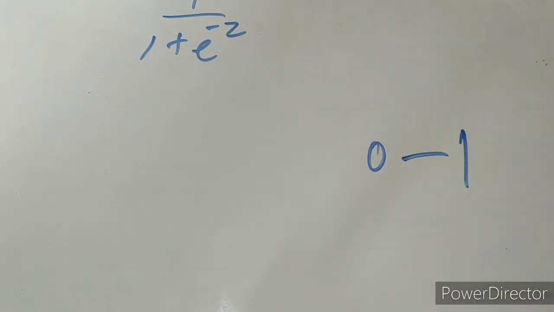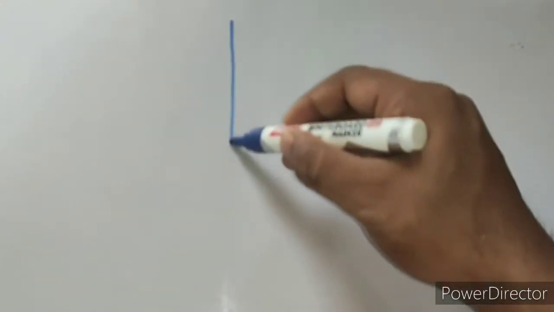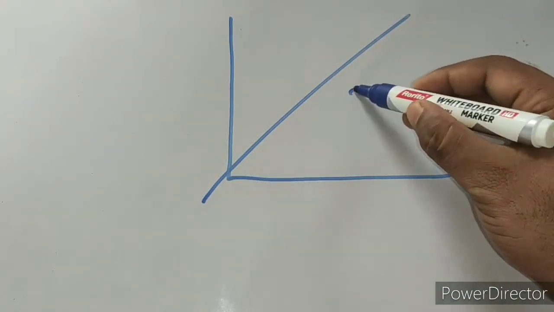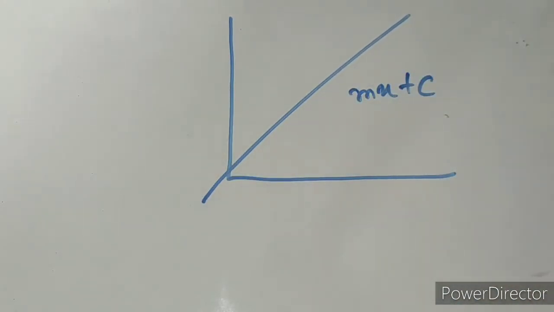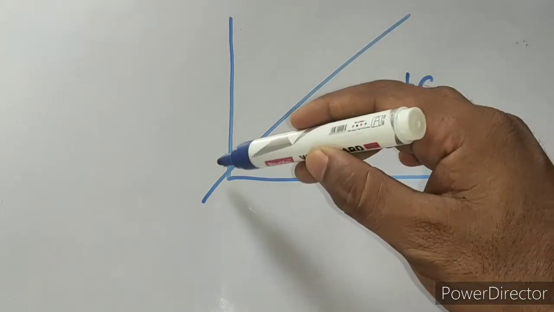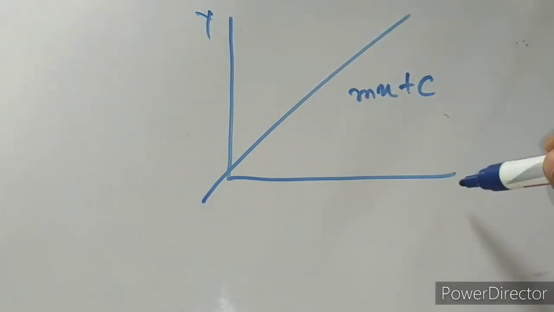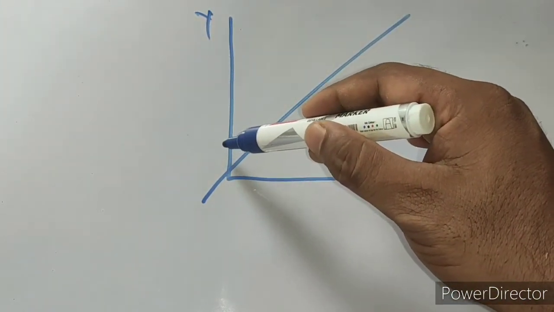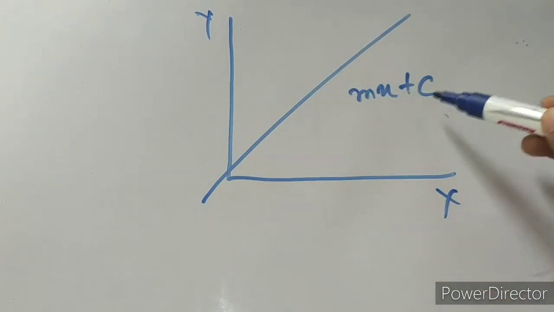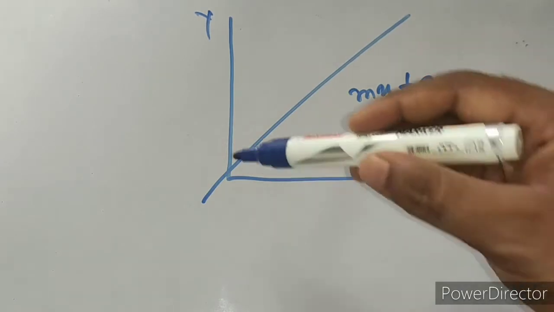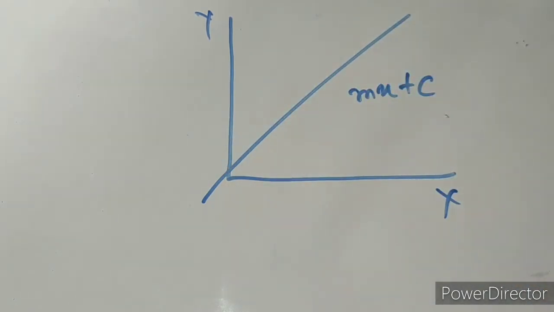So let's understand how that value is calculated. As we know, in linear regression, the linear equation is mx plus c, where m is the slope, x is the x value, and c is the intercept, the y intercept. This is y, this is x. Where the line is touching the y axis, that value is known as c.